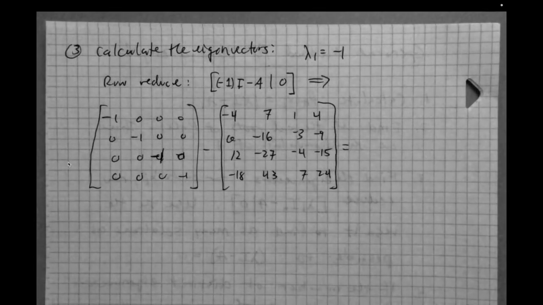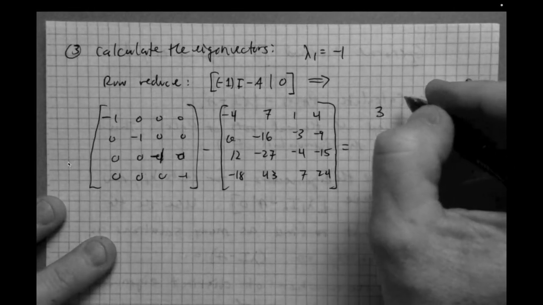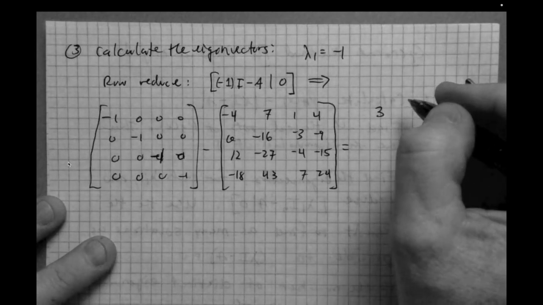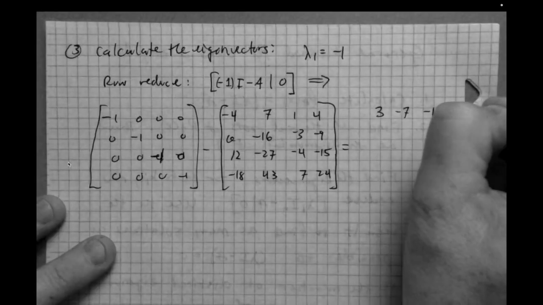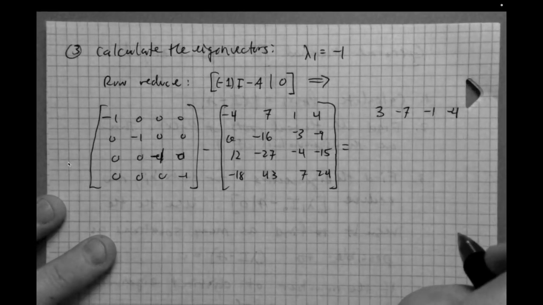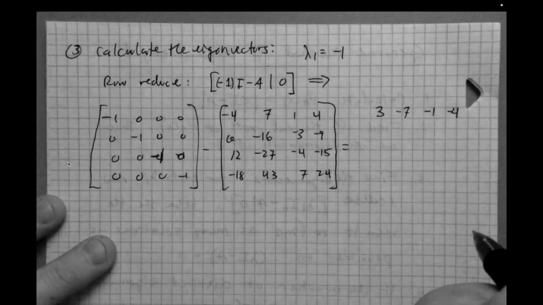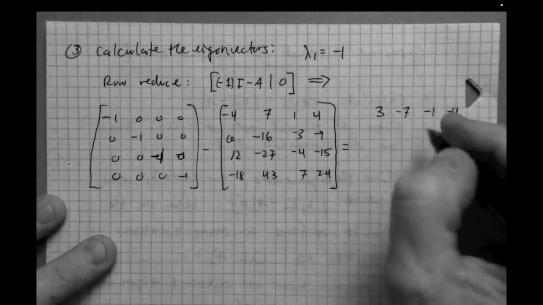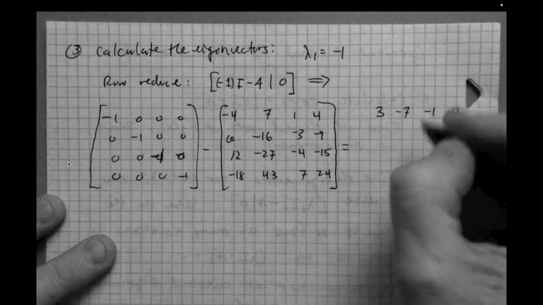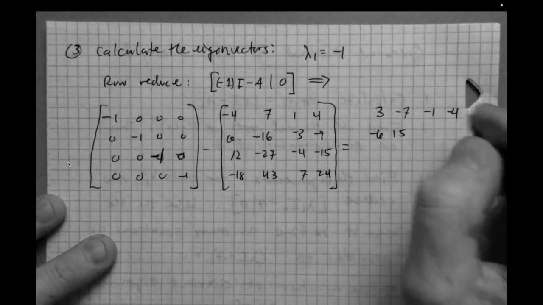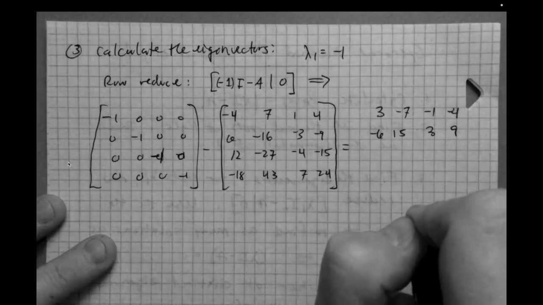Now, when you actually do that subtraction, you get 3, -7, -1, -4. Yes, 0 minus, okay, I just wrote that wrong. That's okay. And then you get -6 and 15, -3 and -9. I think it should be 3 and 9 actually.